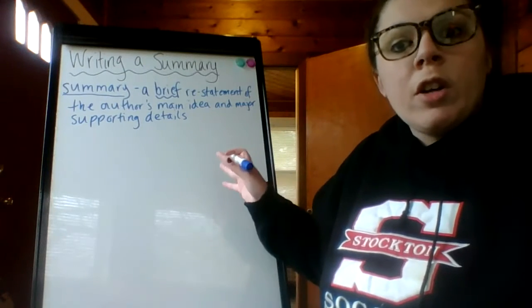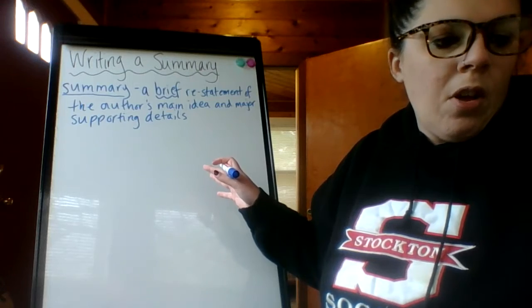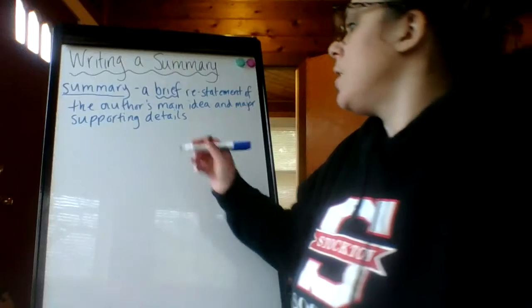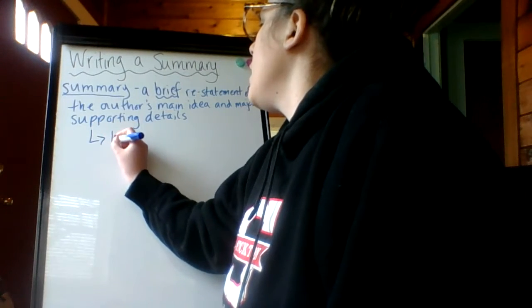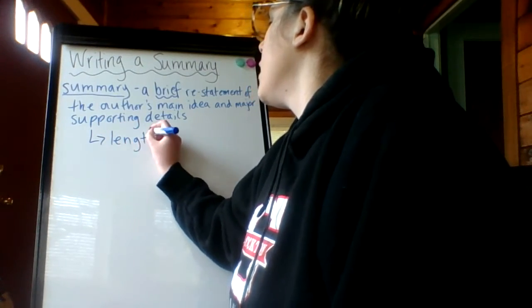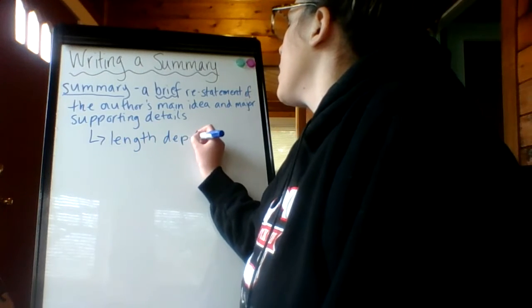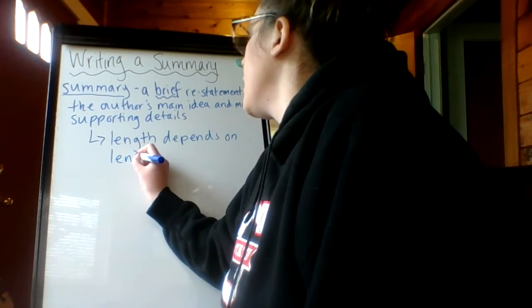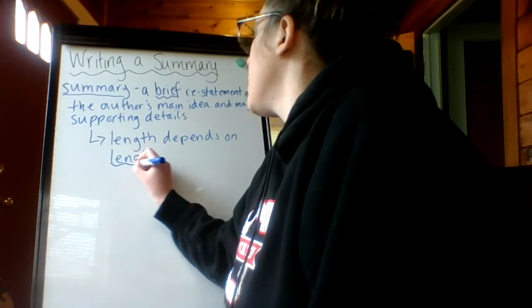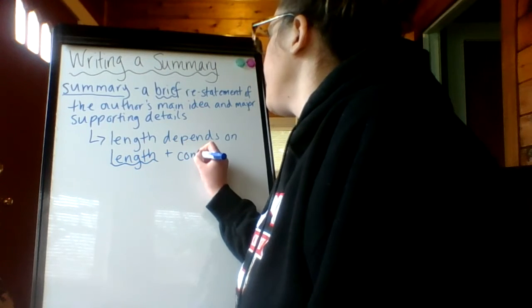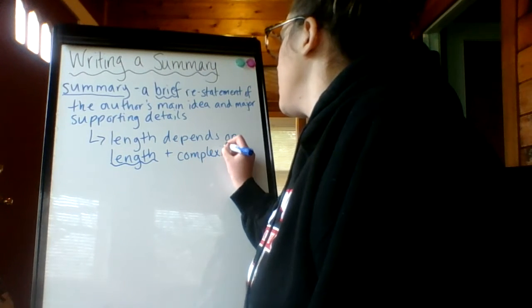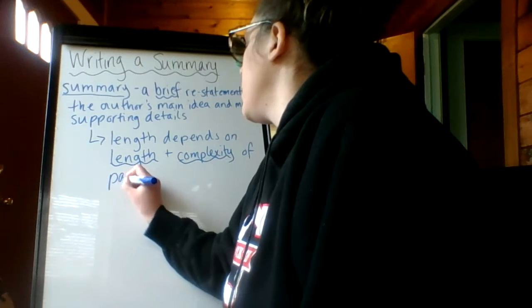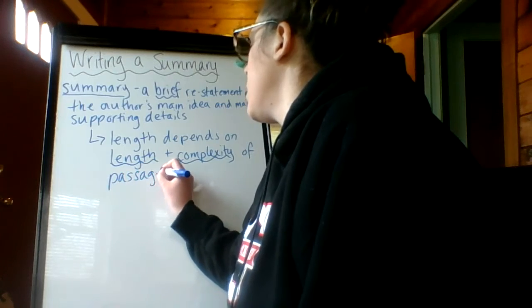So how long your summary is depends on how long the reading is and how complex it is, how dense it is. So length depends on length and complexity of the passage.